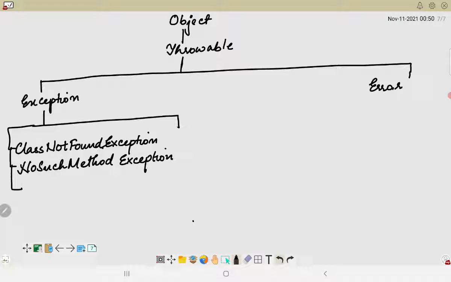The third type is IO exceptions. So IO exceptions are widely used.